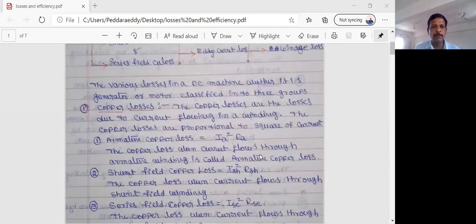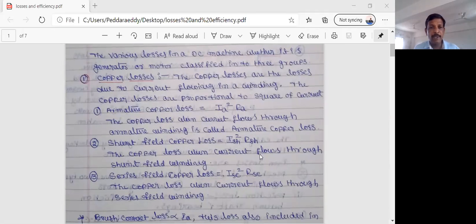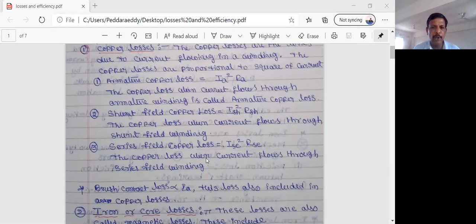Armature copper loss means that when current flows through the armature winding, losses occur, and these losses are armature copper loss. The losses when current flows through the shunt field winding give shunt field copper loss, also called Ish squared Rsh loss. The losses due to current flowing through the series field winding are called series field copper loss.